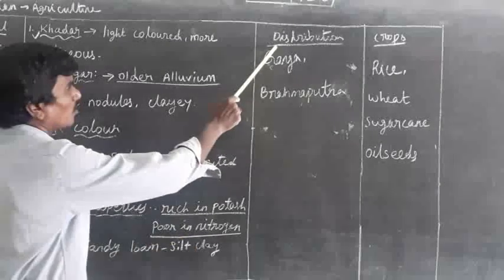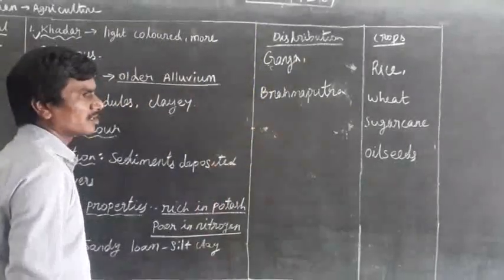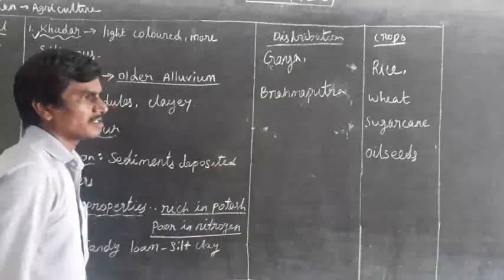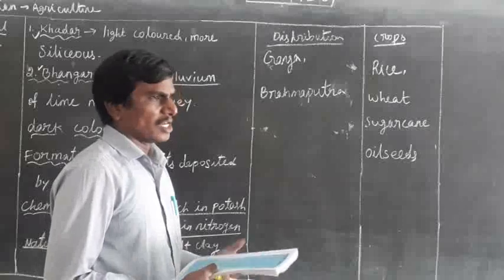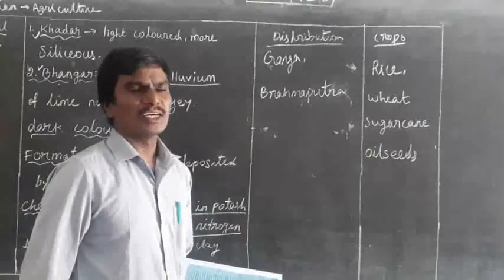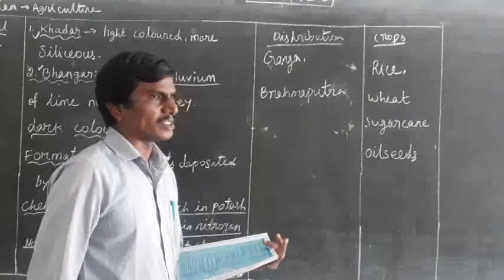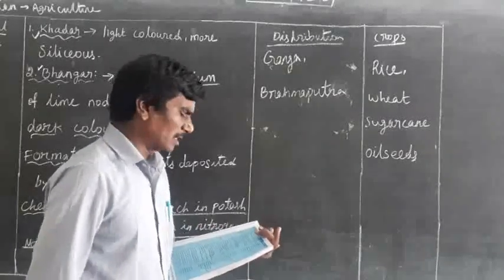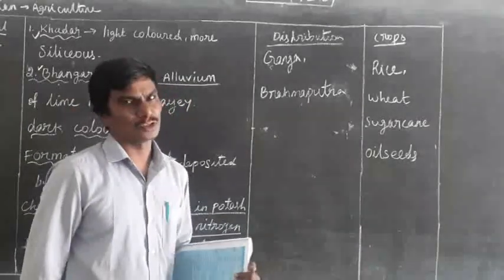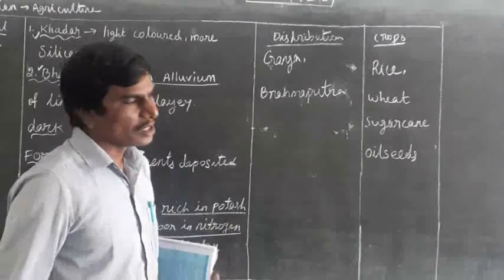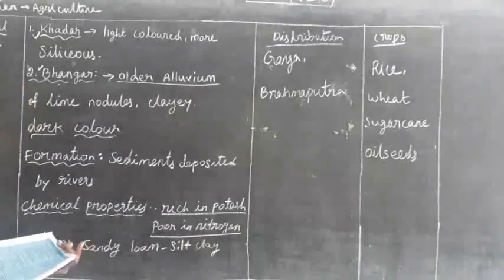The distribution of the alluvial soils: mainly the Ganga regions and Brahmaputra regions, the river Ganga and Brahmaputra river valleys, and then Uttar Pradesh, Uttaranchal, Punjab, Haryana, West Bengal, Bihar, and river mouths of the east coast.